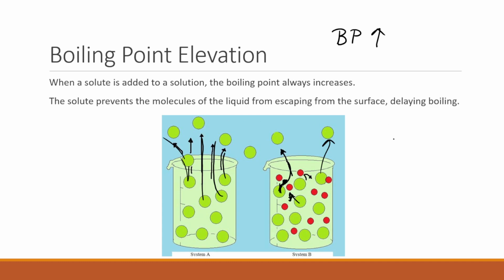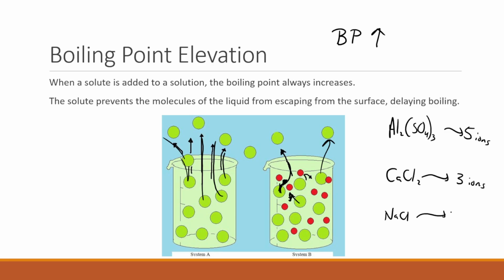All right, if we pull aluminum sulfate, this makes 5 ions versus calcium chloride, that makes 3 ions versus sodium chloride, that makes 2 ions.